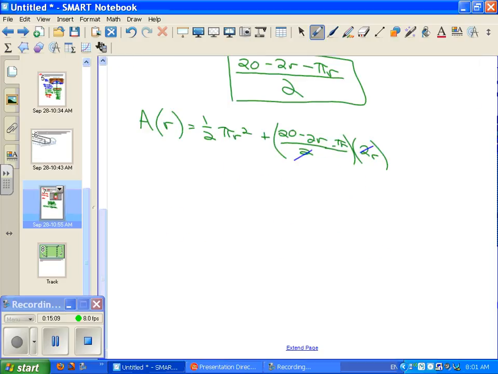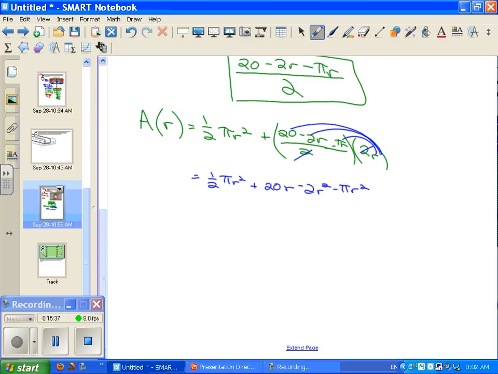This 2 cancels with that 2. And now I can distribute this r through here. I'm going to have 1/2 pi r squared plus 20r minus 2r squared. This was pi r? Yeah. Minus pi r squared.